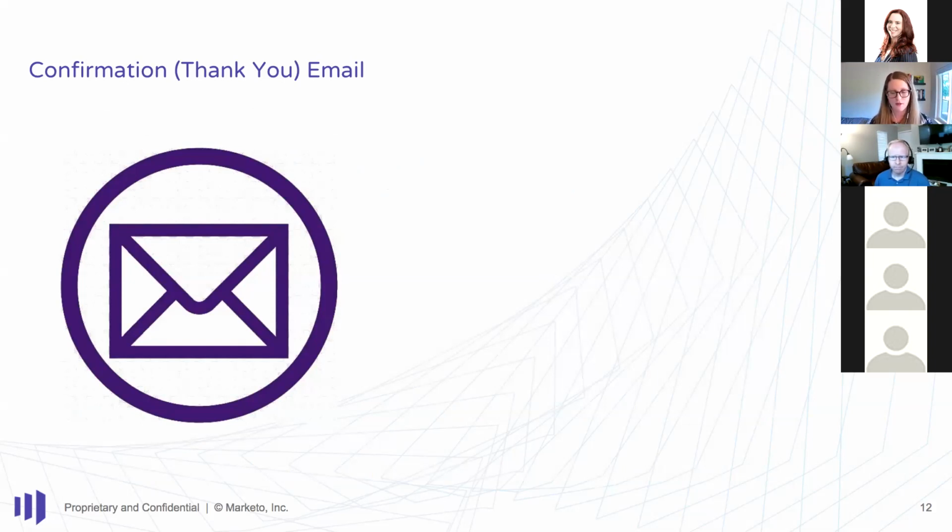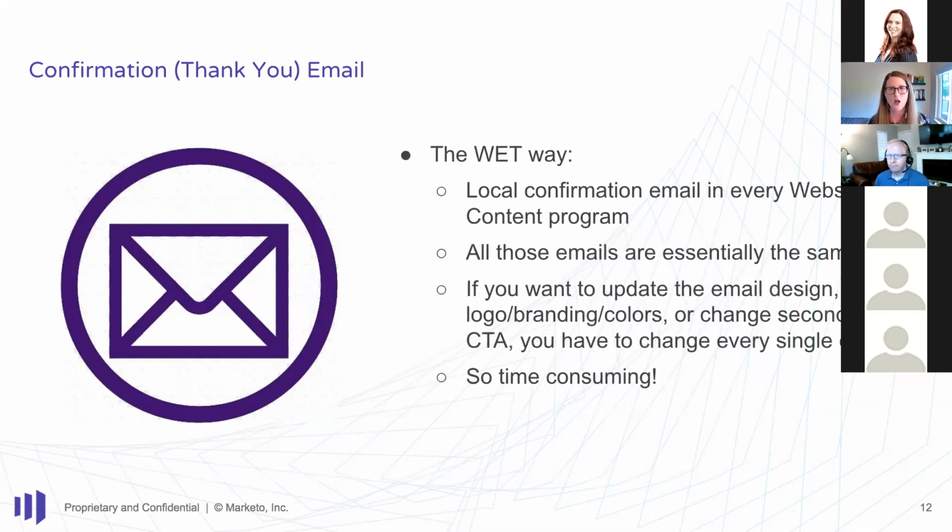So first, let's talk about the wet way, which is probably how you have it set up and how I've always had it set up. So you have gated content, like a white paper on your website. Somebody fills out the form, and one of the flow steps in your fills out form smart campaign is send email.